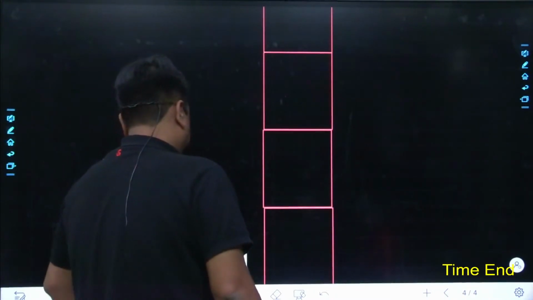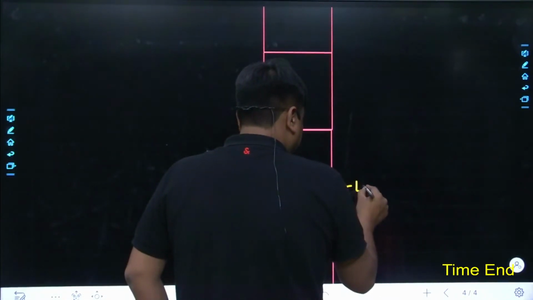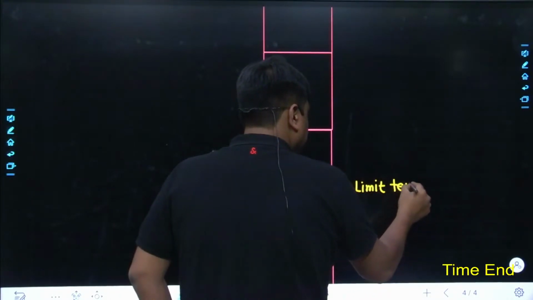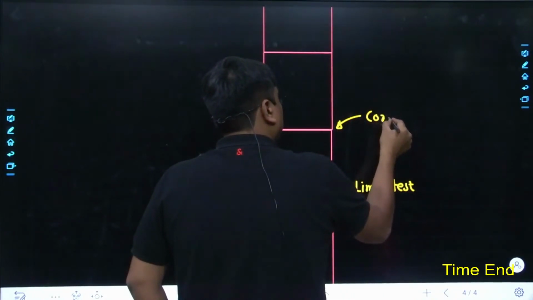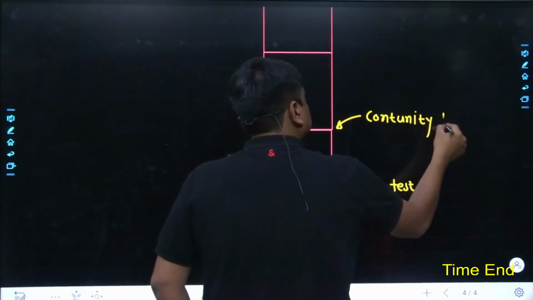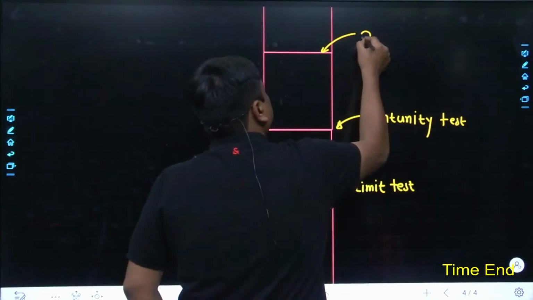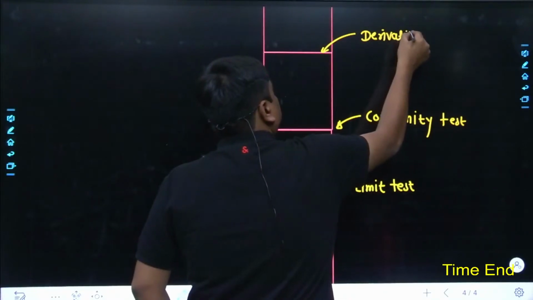The first is the limit test. Then goes the continuity test. And the last test is the derivative test or differentiability test.